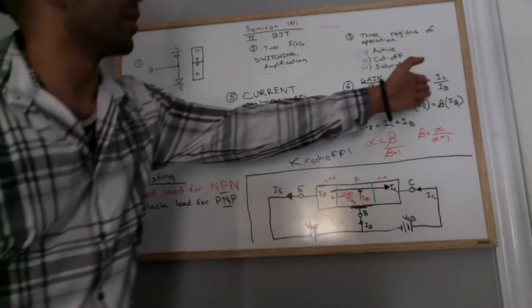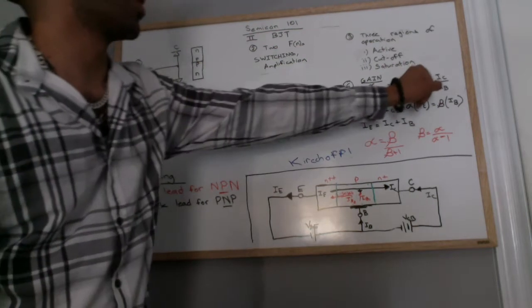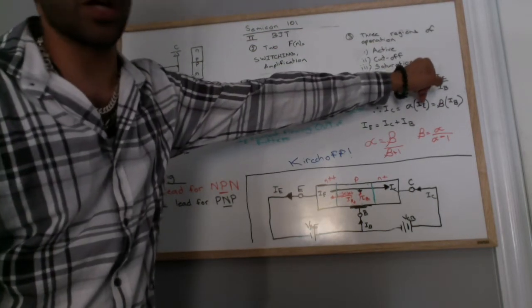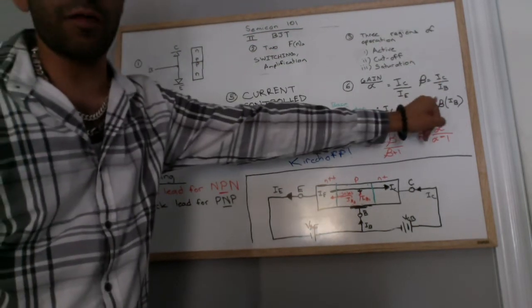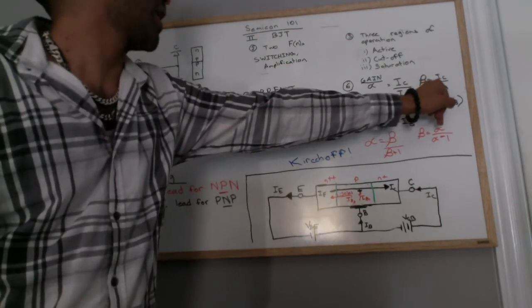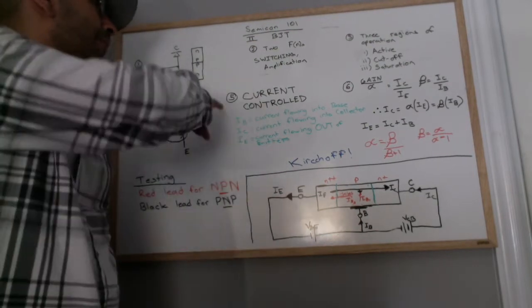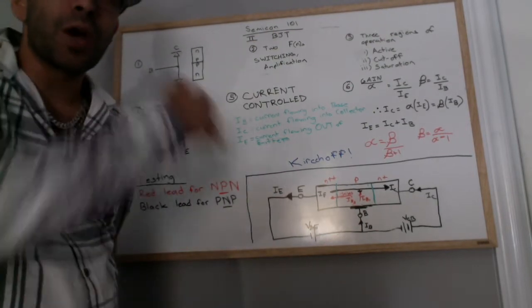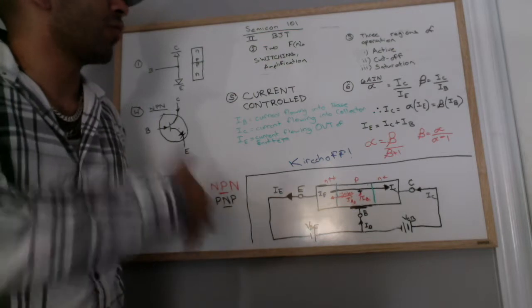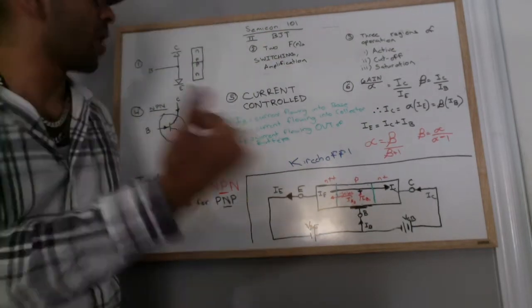The beta of a transistor is the relationship between the current flowing into the collector and the current flowing into the base. So as we know, there's a direct correlation between the amount of current we push through the base and what comes out of the emitter from the collector to the emitter and out.